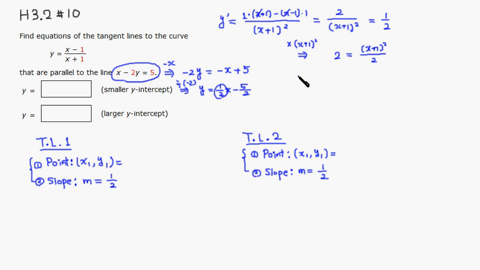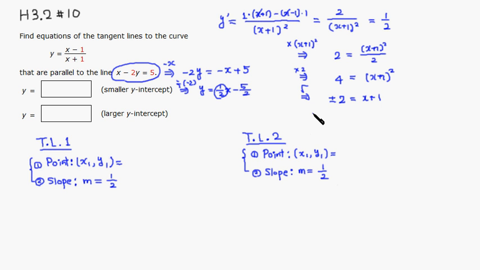Then multiply both sides by 2 to get 4 is equal to x plus 1 squared. Then we take the square root of both sides. The square root of 4 is 2, but we have to worry about the plus or minus 2. Then you have x plus 1.